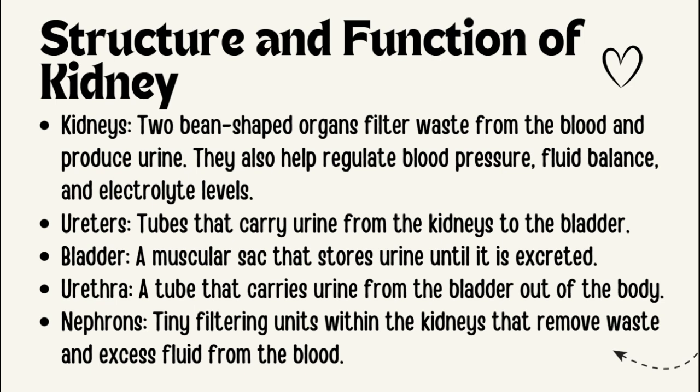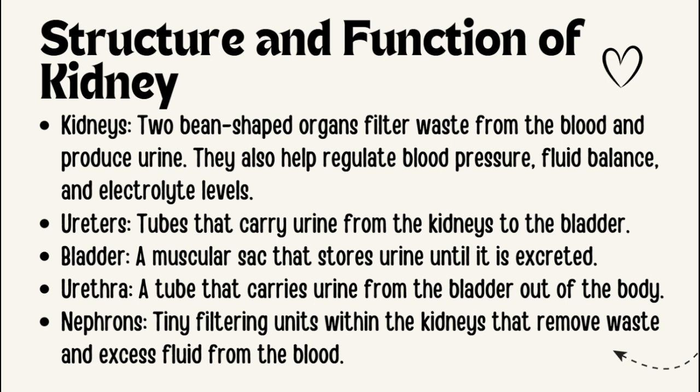Now, the urethra is what carries the urine outside of the body. The bladder is the sac that stores urine until it's excreted, and the ureter is the tube that carries the urine from the kidneys to the bladder.